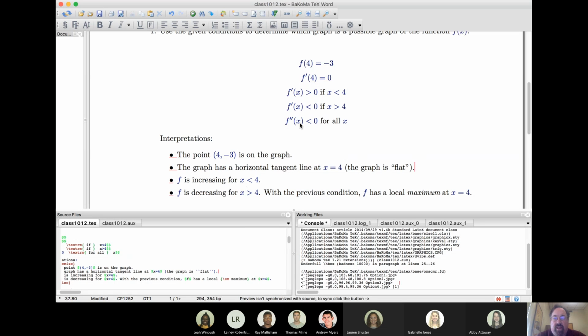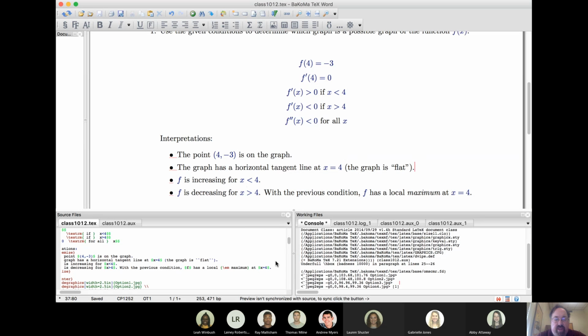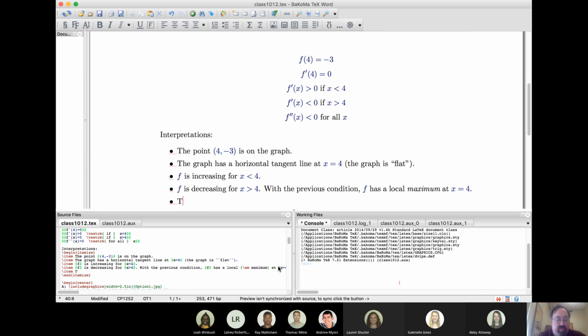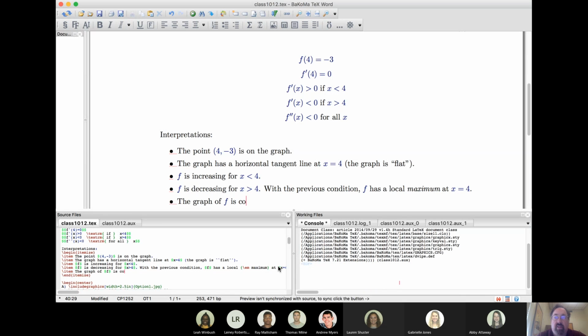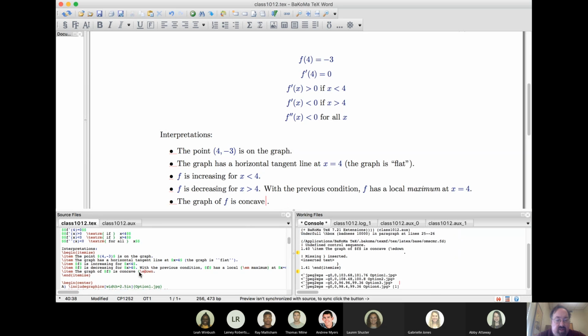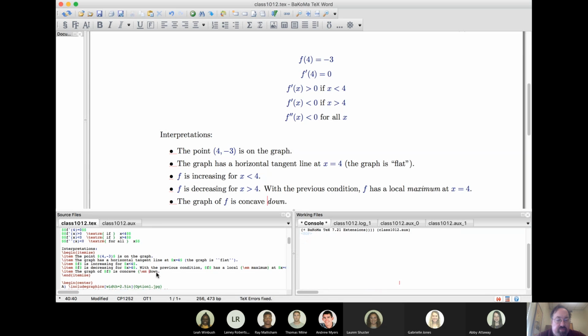And then finally, f double prime being negative everywhere tells us the graph of f is concave down. There are no inflection points.